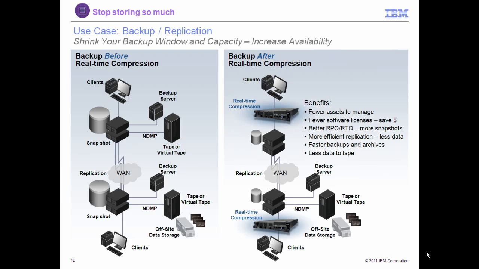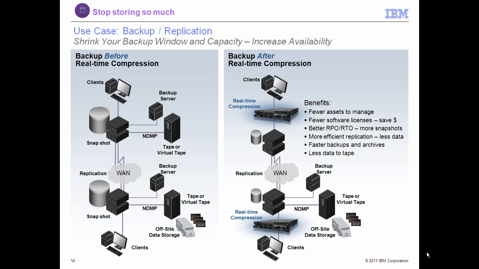On the right-hand side, what you see is the same environment with the deployment of the real-time compression technology. By performing compression on the primary storage, you don't need to expand your storage footprint. Additionally, you can replicate less with your SnapMirror technology. You have more capacity, or by leveraging the same capacity for your snapshots, you can put 2 times the number of snaps, or whatever your compression ratio factor number of snaps.